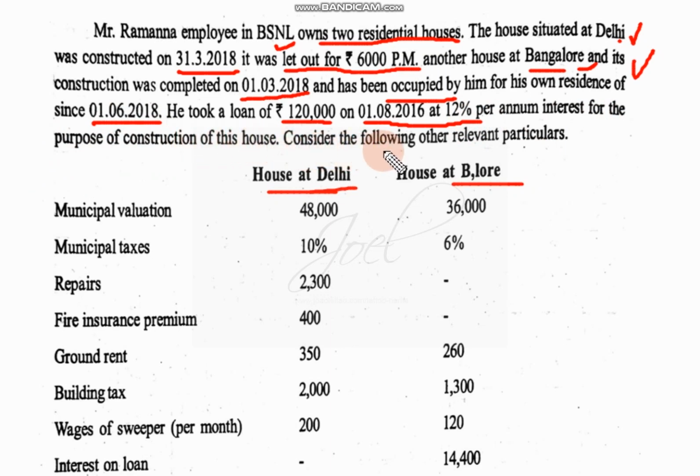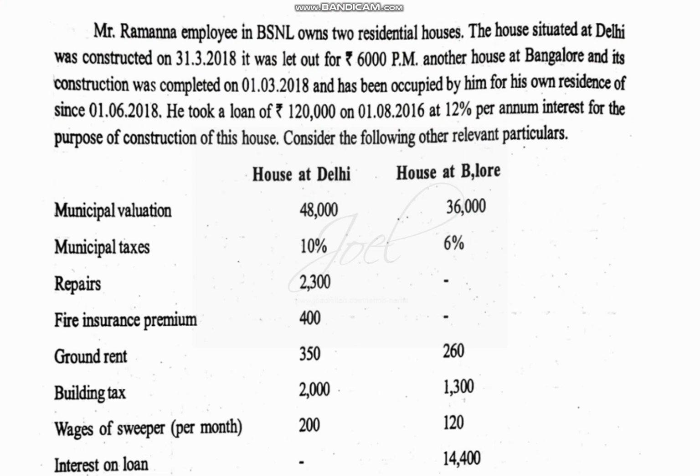Now see, the loan was borrowed on 1/8/16. Now whether the loan is repaid or not is not clearly given, so that means it is not repaid. But to calculate the pre-construction period, all the information needed is available here.